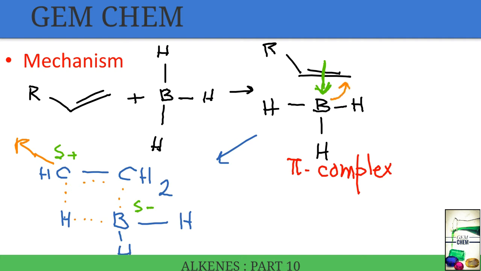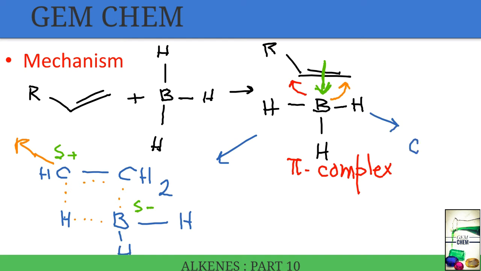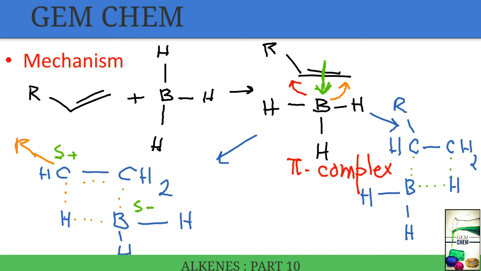Now we will see when boron attacks from the other side. What is the transition state? We write it the same way, CHR, and here one bond CH2. Here we have a hydrogen and here we have a BH2 unit. This becomes dotted, and we can see that this boron center is delta negative and this is delta positive. Now we generally observe this transition state and not the other. Why?